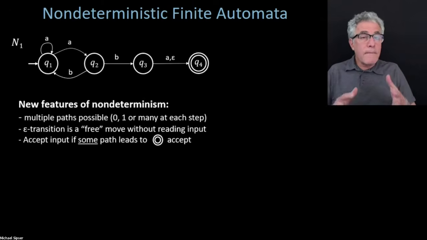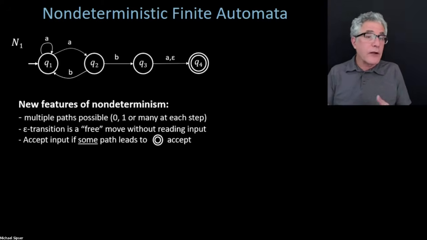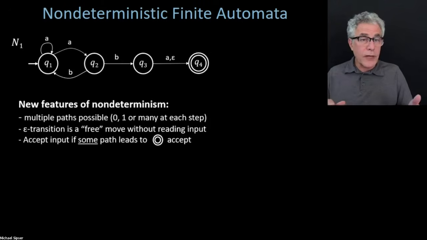Now, if there are many different ways to go, some of those ways might have different outcomes. As we remember from before, we accepted the input if you end up in an accept state, and we rejected the input if you end up in a non-accepting state. But now there might be several different ways to go, and they might disagree.